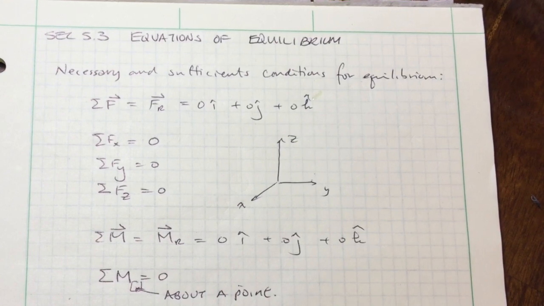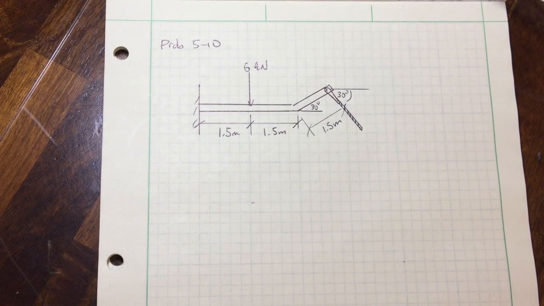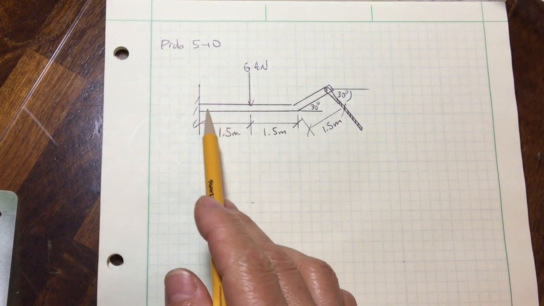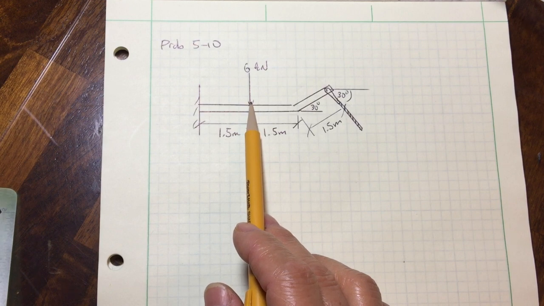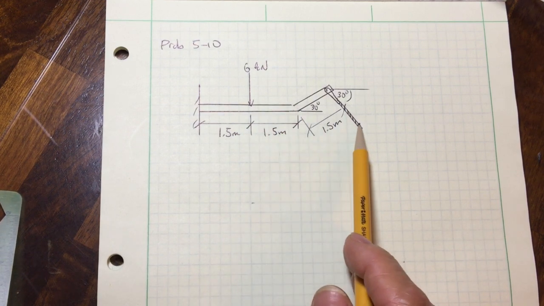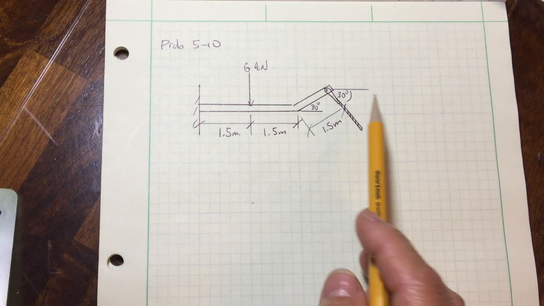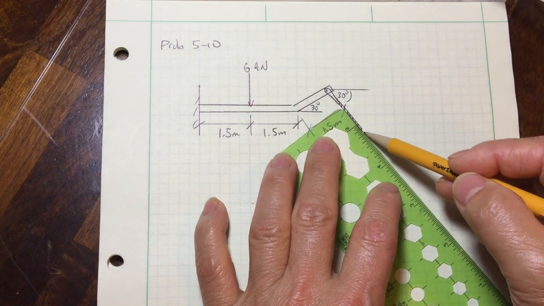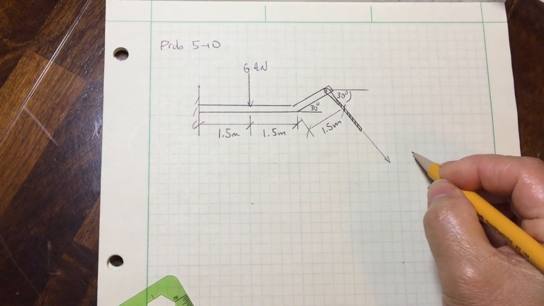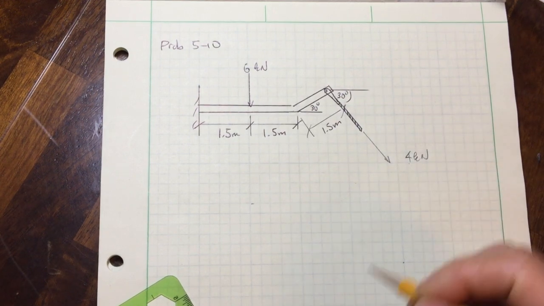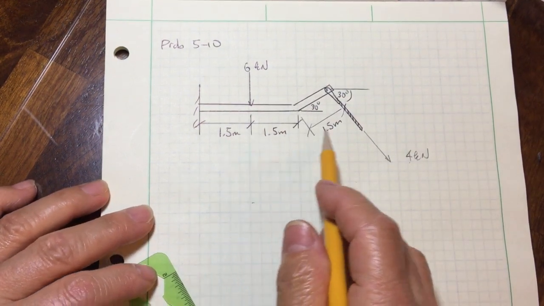Let's look at a problem to illustrate how we can apply these equations of equilibrium to a rigid body. This is problem number 5-10 out of Hibbeler's 14th edition. Here we have a beam subjected to a 6 kilonewton point load, and we have this cable attached here, and a force of 4 kilonewton is applied, and they give us some dimensions.